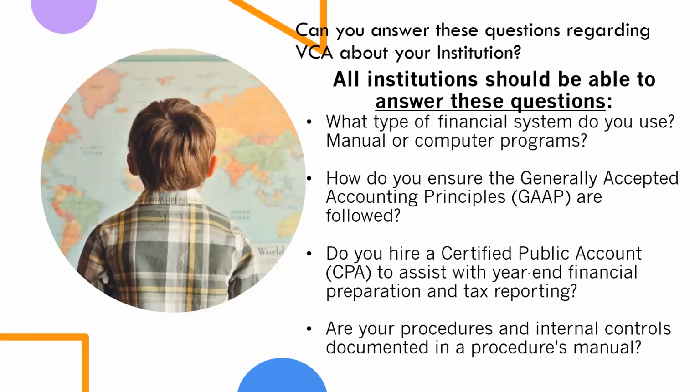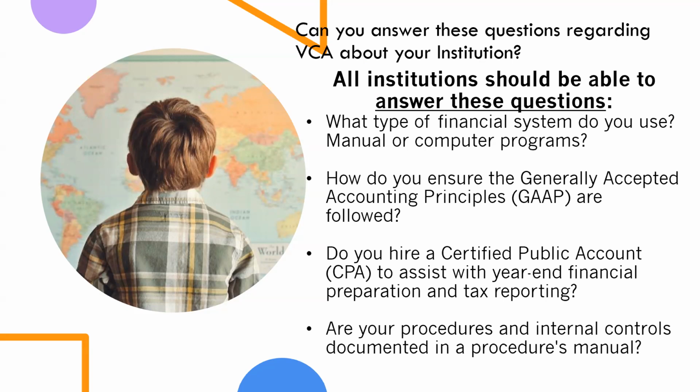So to help your organization maintain financial records, can you answer these questions regarding VCA about your organization? What type of financial system do you use? Is it manual or is it a computer program? How do you ensure that generally accepted accounting principles are followed? Do you hire a certified public accountant to assist with your year-end financial preparation and tax reporting?